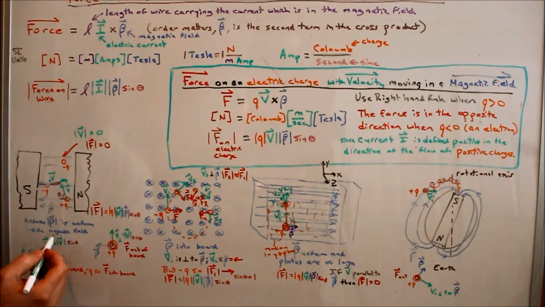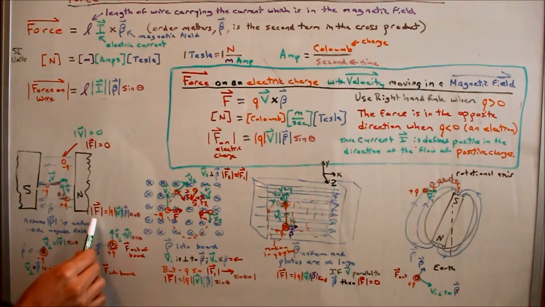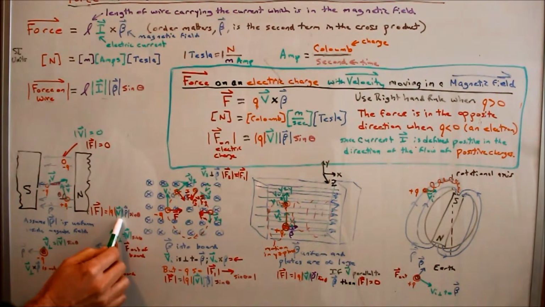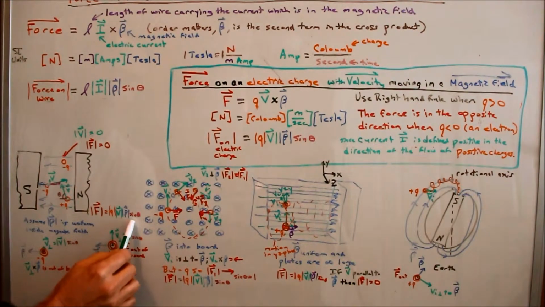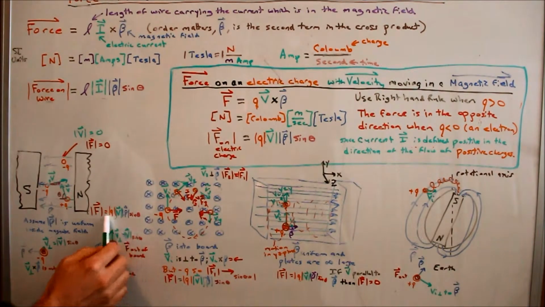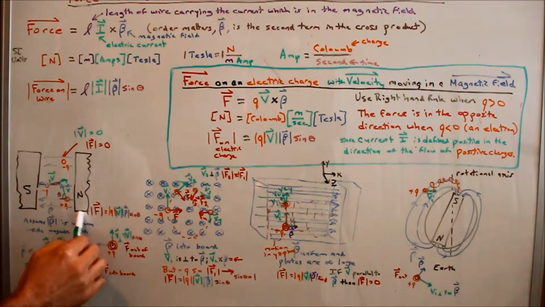That's the perpendicular velocity to this magnetic field. So now, what's the magnitude of the force? Well, the force is the magnitude of the charge of this particle times the magnitude of the velocity times the magnitude of the magnetic field times the sine of theta. So I know that's the magnitude.